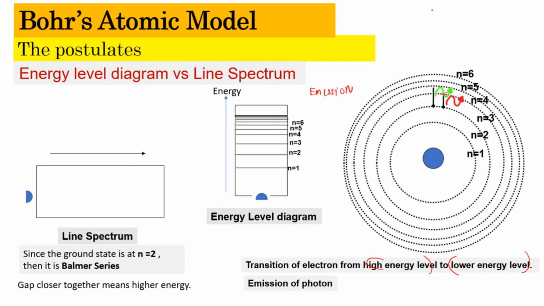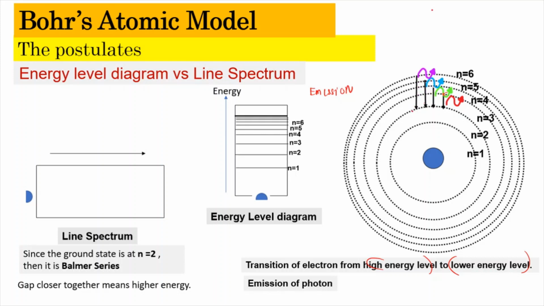And you're going to repeat the same process. For example, n equal to 5 drops to n equal to 2, and this is going to produce a blue photon here. Then you repeat it again, n equal to 6 to n equal to 2, and this is going to produce a different color of line, which is purple here.